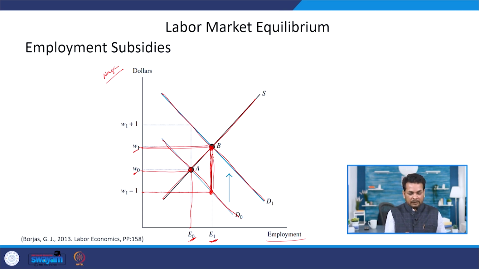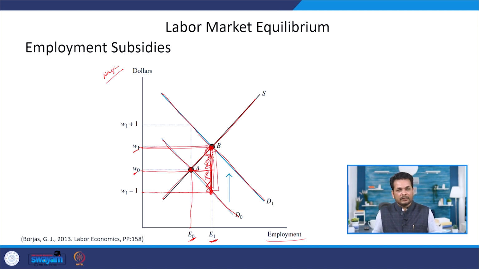Earlier, W0 was the wage rate which the workers were receiving and the farms were paying. Now, W1 is the wage rate the workers are receiving, whereas W1 minus 1 is the wage rate which the farms are paying to the workers. So, a part of this entire $1 benefit goes to the workers and a part goes to the farm.